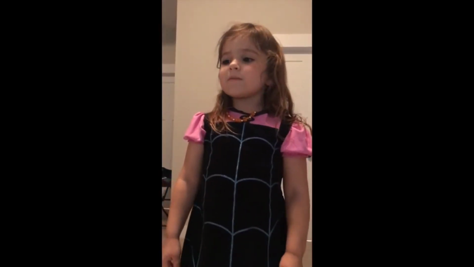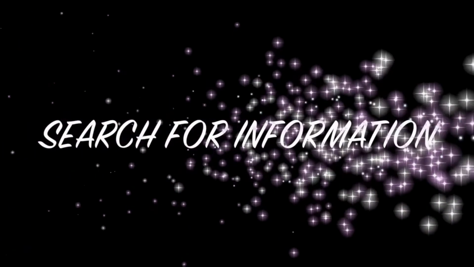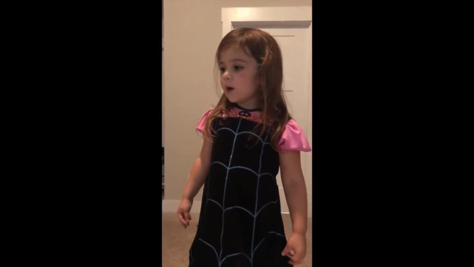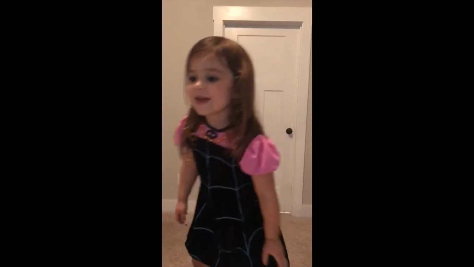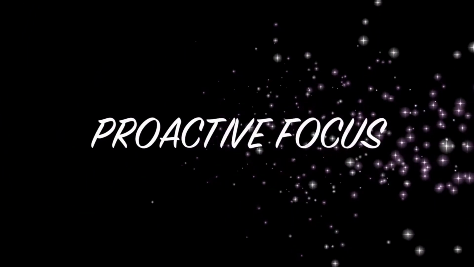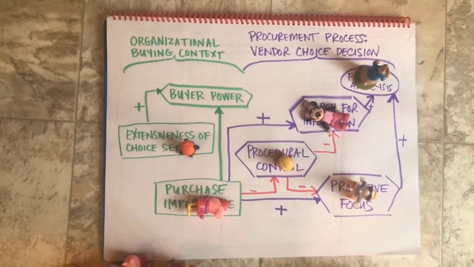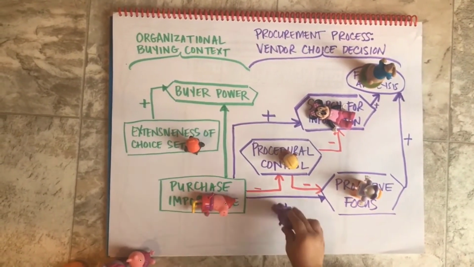Search for information. When there's greater procedural control related to the focal purchase, there will be less search for information for that particular buying decision. Proactive focus. Proactive focusing is the extent to which the purchasing, evaluation, and selection of a source of supply focus on long-range needs of the firm.